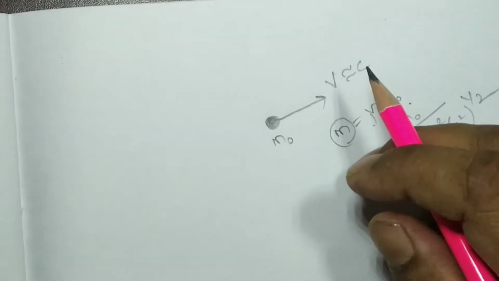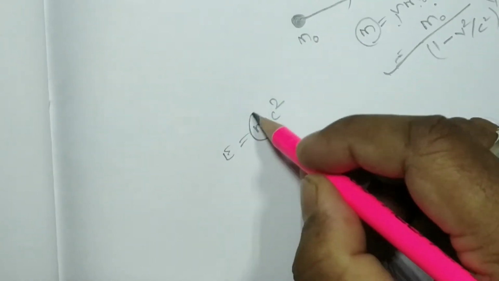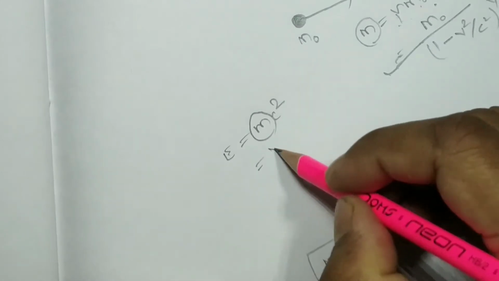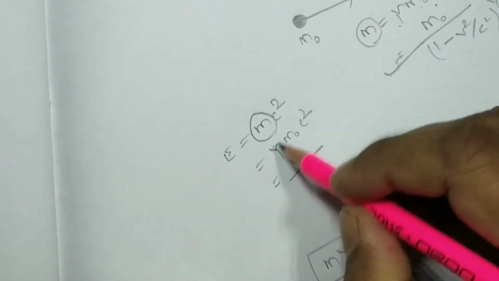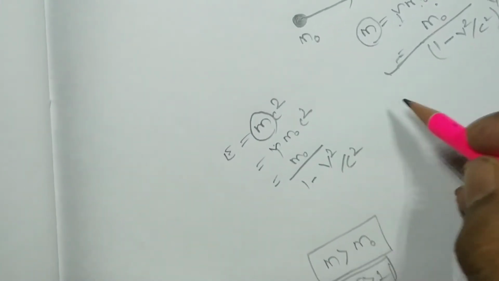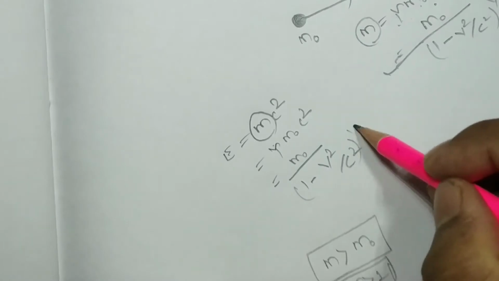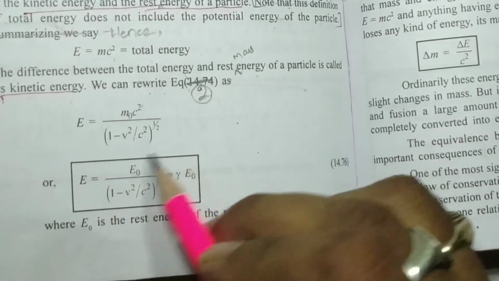Okay, so hence we can write E is equal to mc square. Instead of m, we can write gamma m0 c square. Gamma means 1 by (1 minus v square by c square) to the power 1 by 2, into c square, whatever is written here. So I suggest you can directly write this.